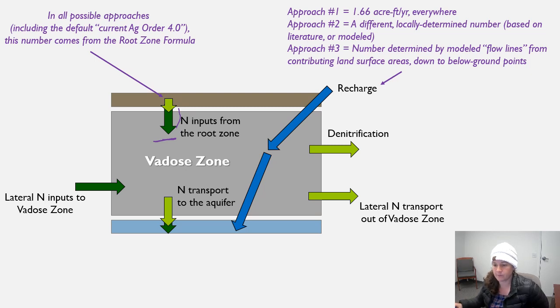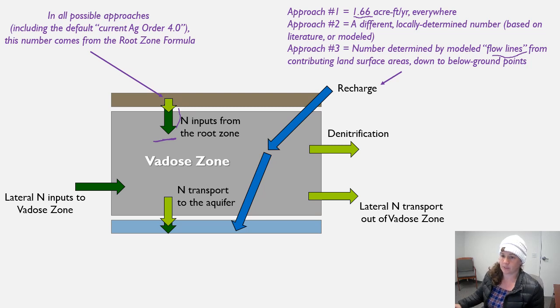We've got 3 different approaches to addressing recharge. In approach number 1, as Ag Order 4.0 currently stands, we could apply 1.66 everywhere. We could use a different locally determined number based on the literature or something modeled. Or in approach number 3, we could use a number determined by modeled flow lines, and this is the NPSAT approach.